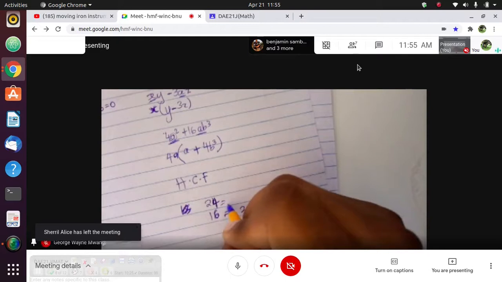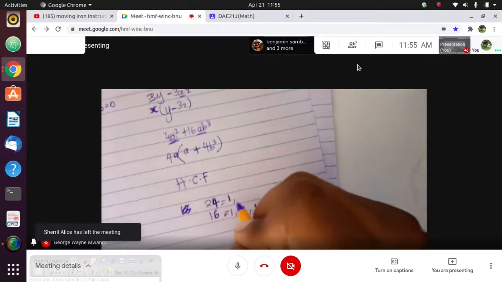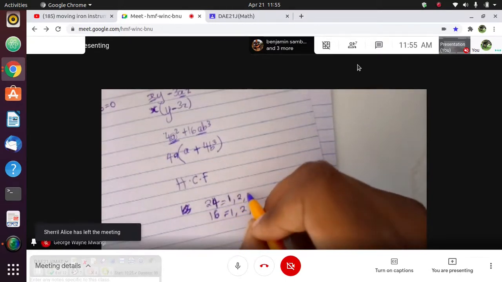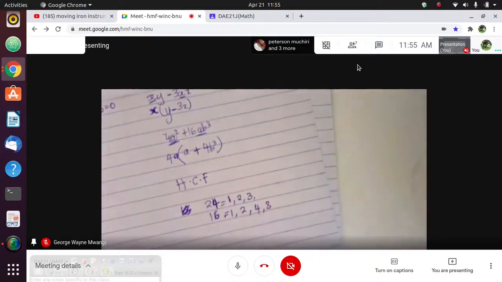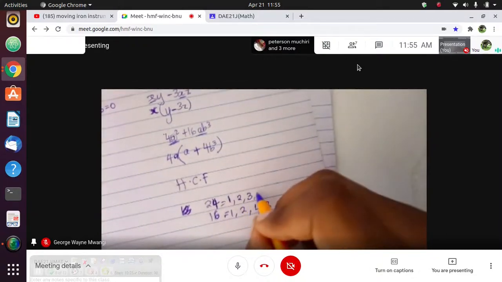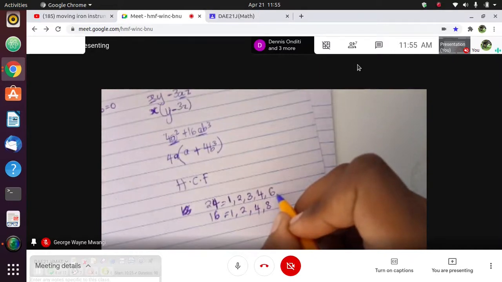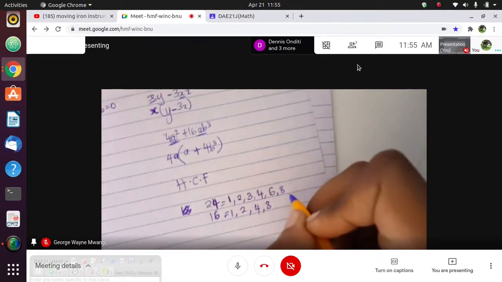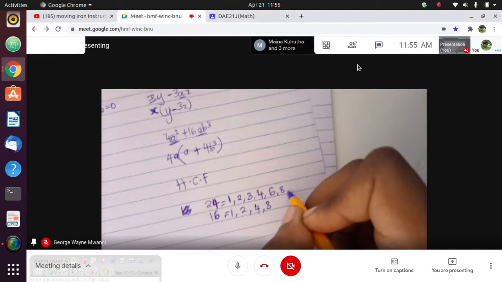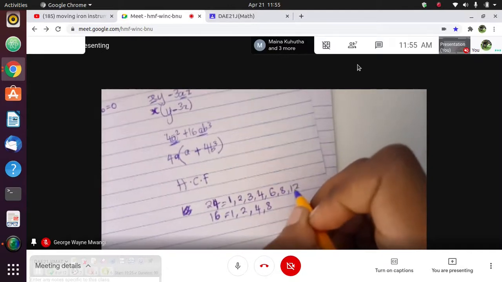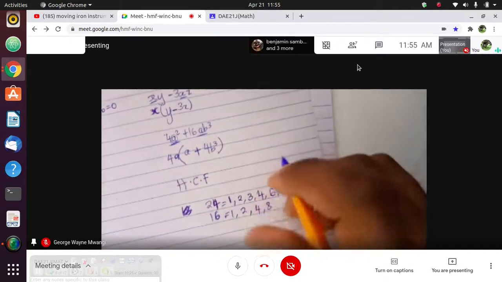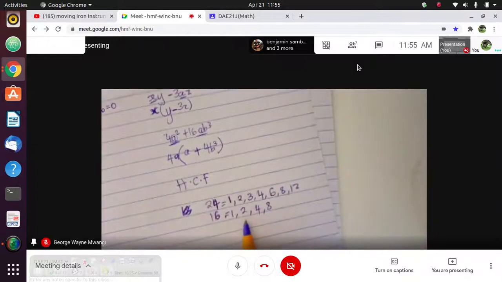The factors of 24 ni 1, 2, 3, ngapi nini nyingine? 4, 6, kuna namba ingine? 8, 12. I think those are the numbers that you can multiply to get 24.